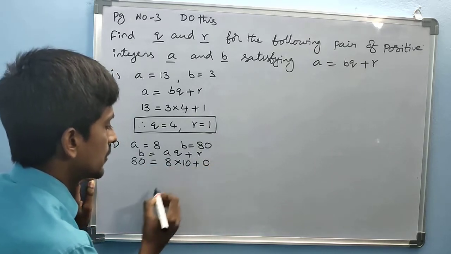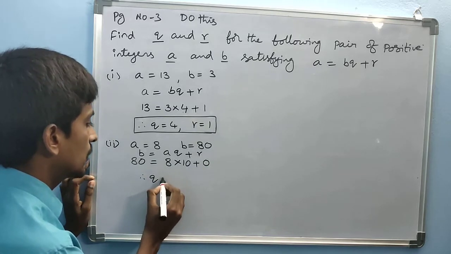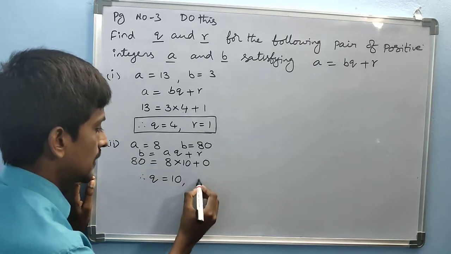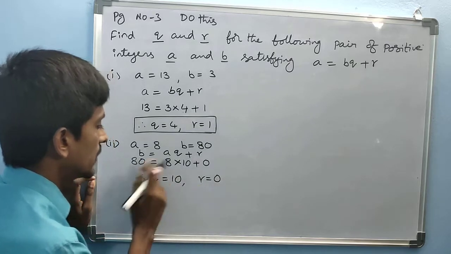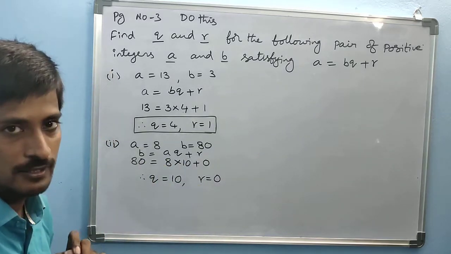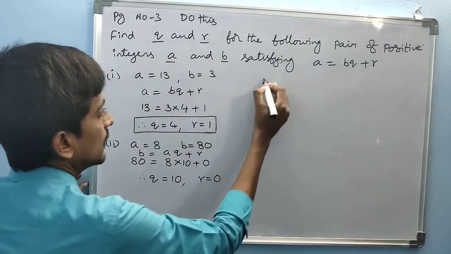The remainder is 0. Therefore Q equals 10, R equals 0. A and B were already given. Okay, this is the second one.